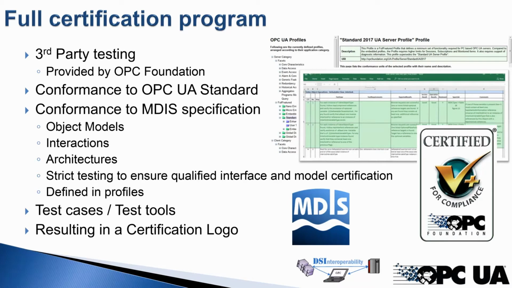So the key thing here is there's automated testing available for all MDIS products, both clients and servers. The server part we've been running for quite a while, clients a little newer. But the key point is that it's available, and it's a way to assure that you have a well-tested product and that multiple vendors will all have the same sorts of products.